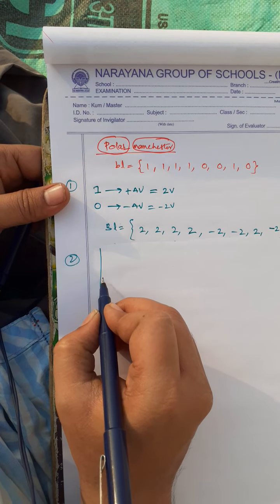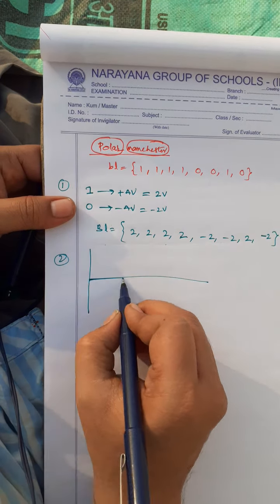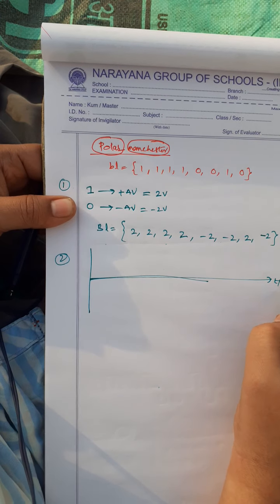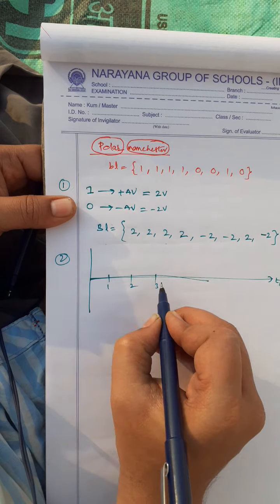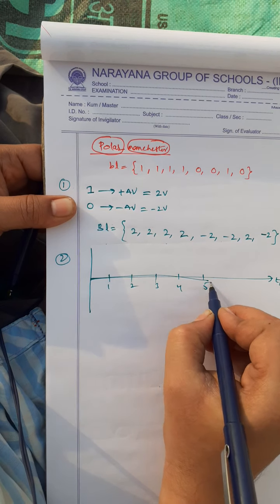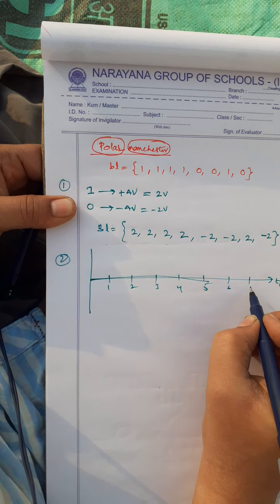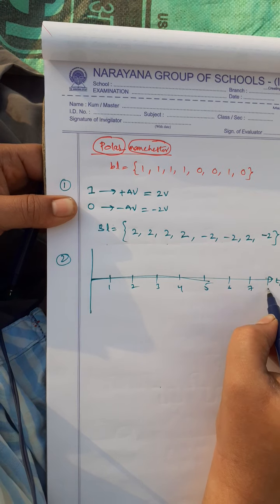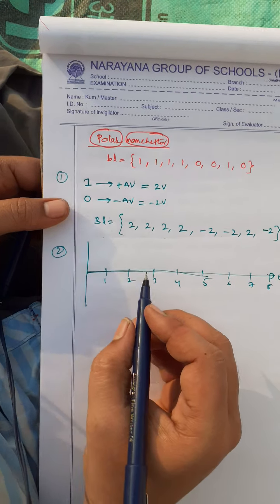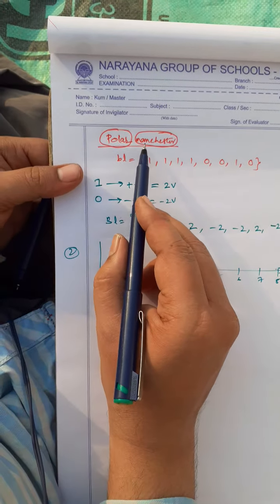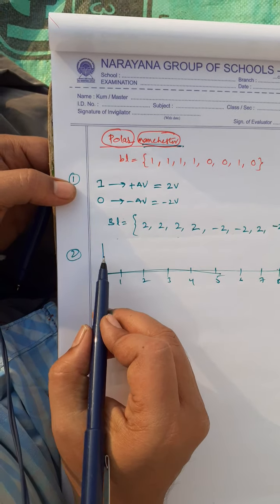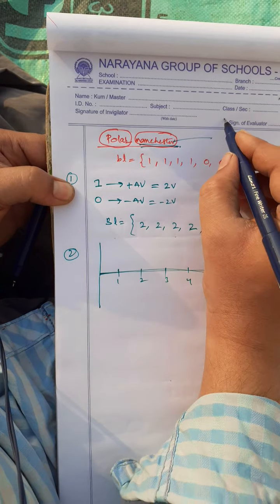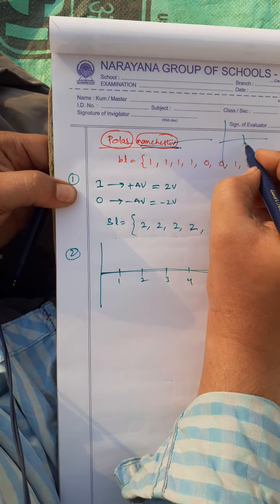Next, the waveform. T by TB. 1, 2, 3, 4, 5, 6, 7, 8. So in Manchester pulse, we know that this is a TB period.